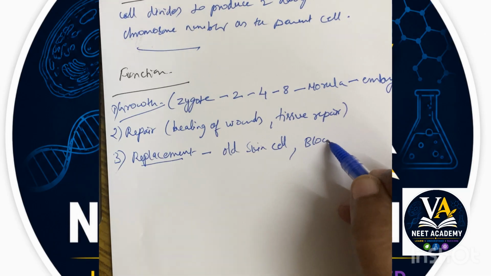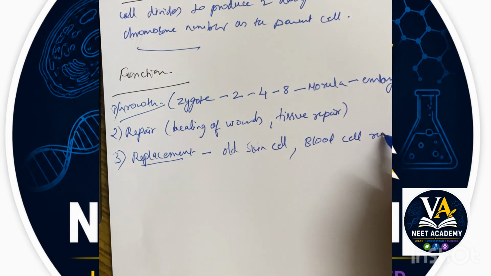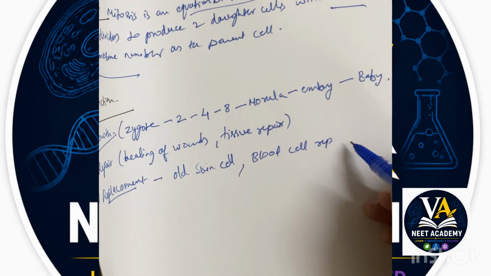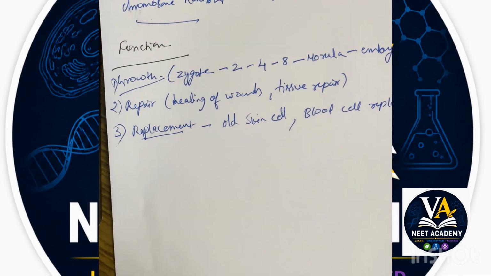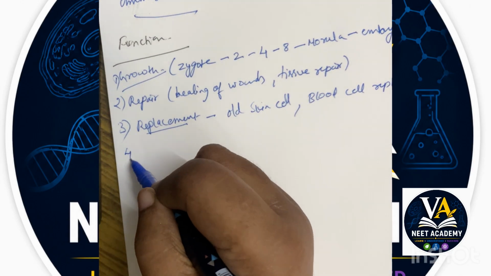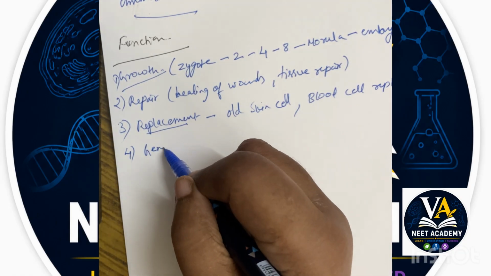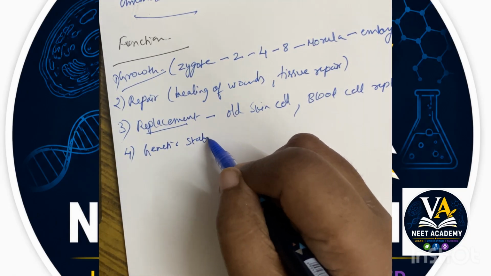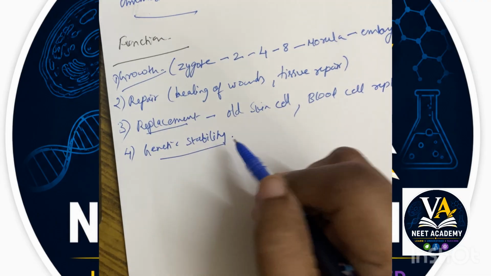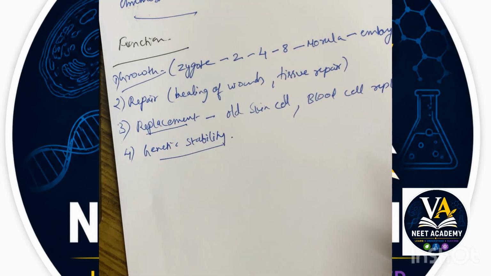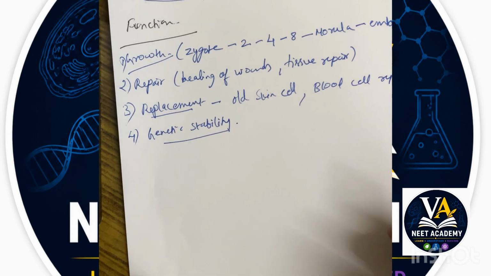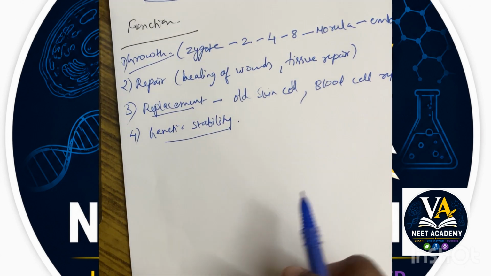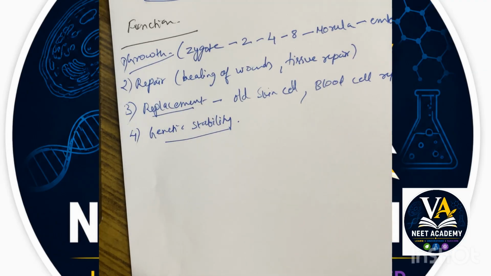Also blood cell replacement, because blood cells have a definite life cycle, isn't it? So blood cell replacement also needs mitosis. And the fourth very important role of mitosis is genetic stability. Genetic stability in the sense that it helps maintain the same number of chromosomes when it is converted into a daughter cell. Yes. So let's move on to today's topic, that is mitosis.